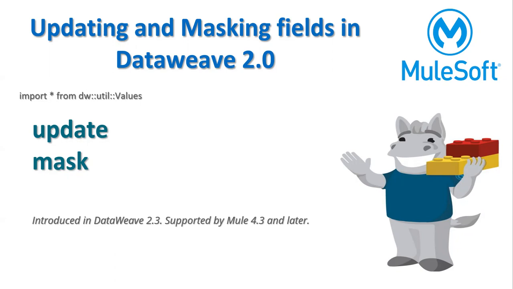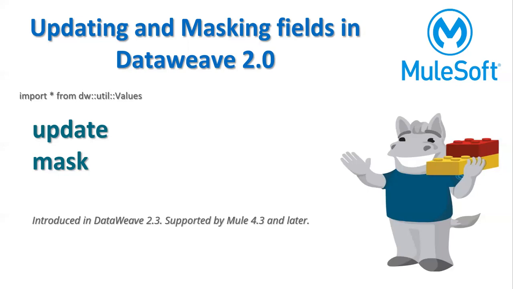The ideal approach was to create the object again and write the logic using map or mapObject. Now with the help of these two operators, updating values or masking values in nested arrays or objects has become very easy. Let's talk about these functions first, and then we'll jump onto the demo where I'll show you how we can use these two functions.